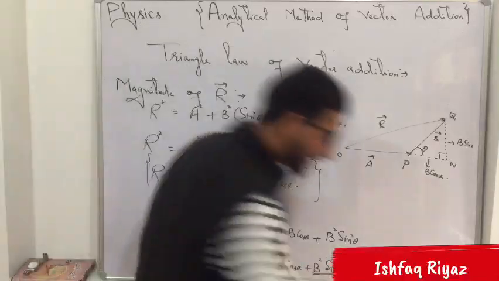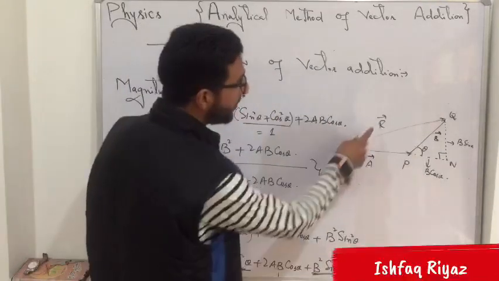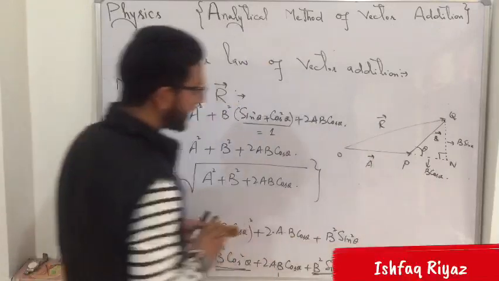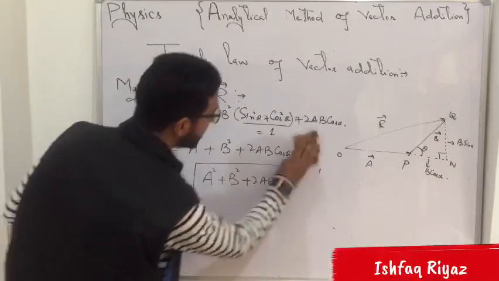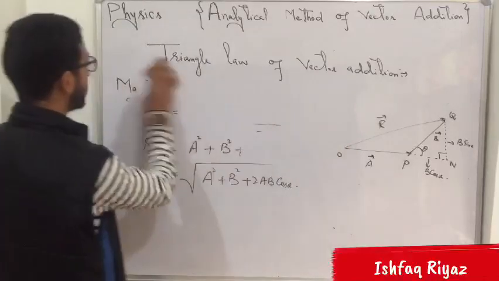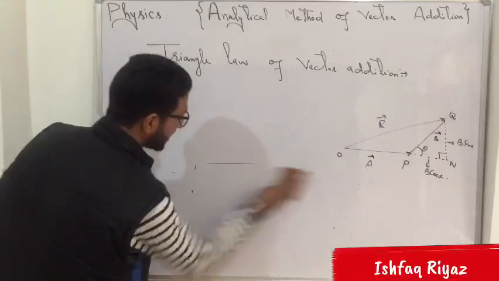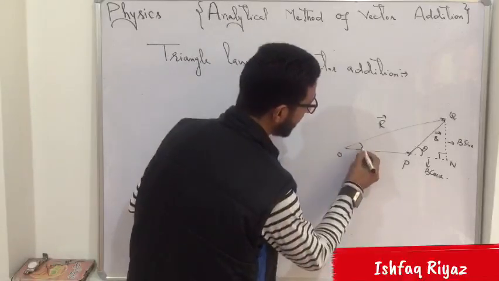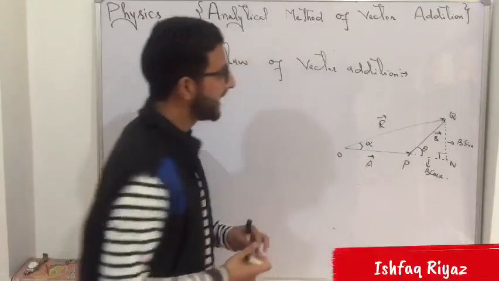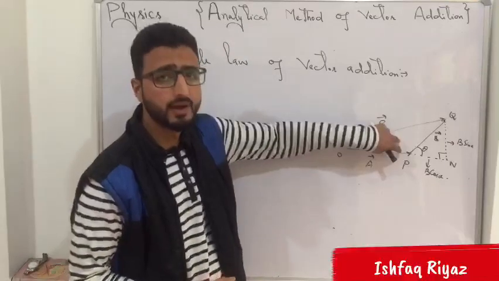Now let us try to find out the direction of the resultant vector R. So I will write here the direction of resultant vector R. For that, let me suppose this resultant vector R makes an angle of alpha with one of the vectors.